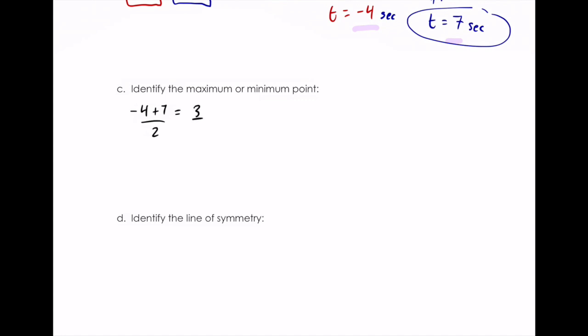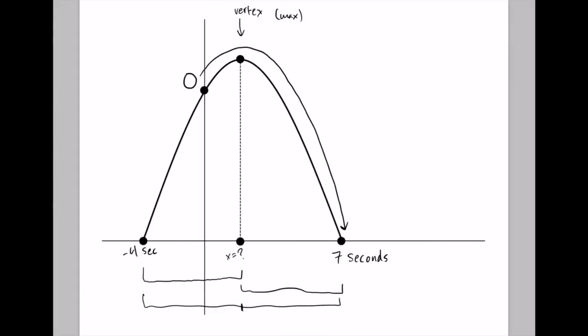So that's going to be 3 over 2. And just for fun, let's make that a decimal, 1.5. So what this is saying is this point right here is actually 1.5. Well, any t value we have, it's an amount of seconds. So we're looking at 1.5 seconds here.